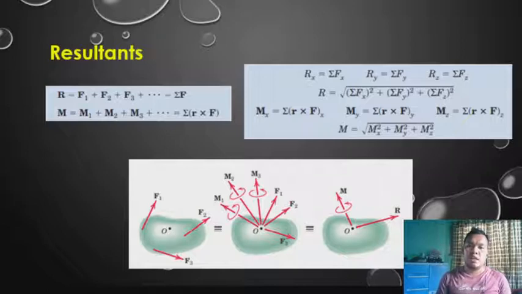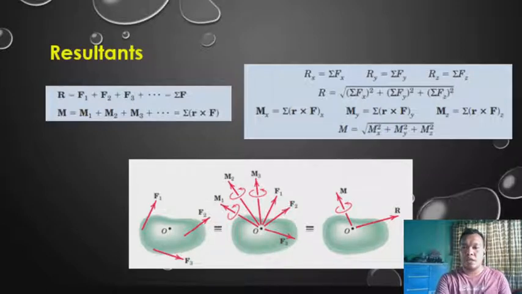Then, dun sa three-dimensional force system, na-discuss ko na din sa inyo yung pagkuha ng component. Then, ito nga, yung moment. Then, sa next video ko is the resultant. Then, yung mga susunod na topic, which is equilibrium, is lahat po yun ay may kinalaman dun sa discuss ko na lecture 1 and lecture 2.